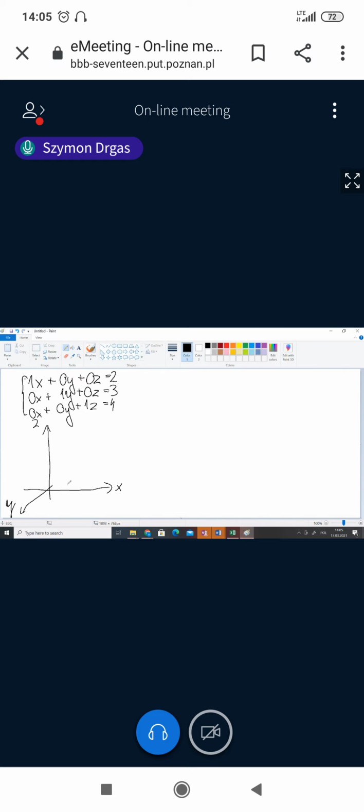So we need to have x equal to 2. So I will draw these two lines.